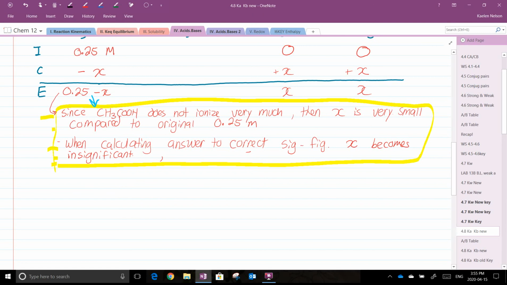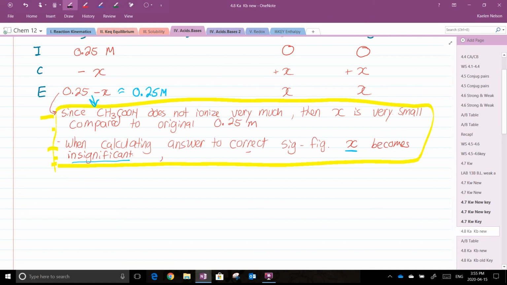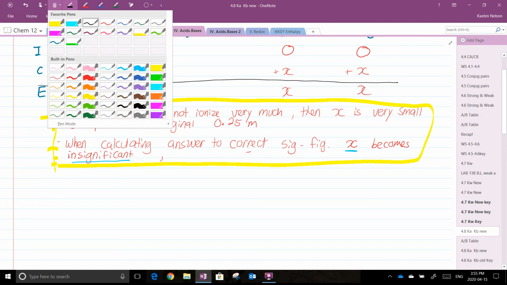When calculating the answers, X becomes insignificant. So what we do is say that this number is approximately equal to 0.25 molar. And we continue on our calculations with 0.25 molar to make it easier in the math.